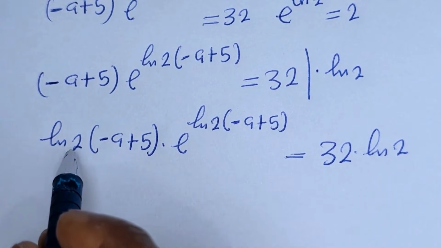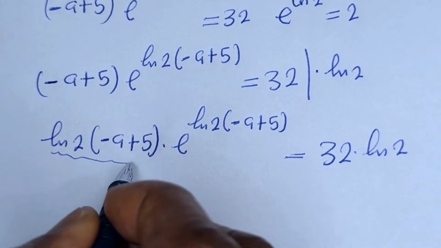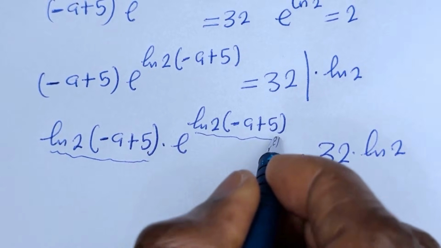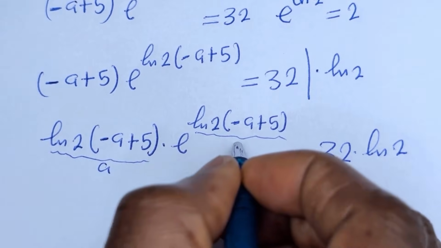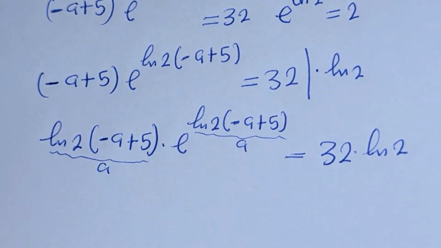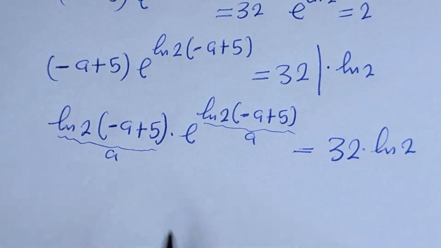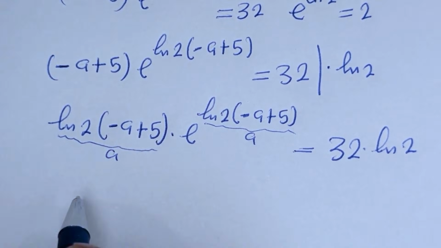Then from here you can see that this and this, they are the same. If this is a, this is also a. Let us introduce the W function here.